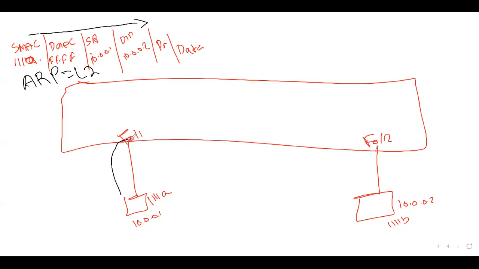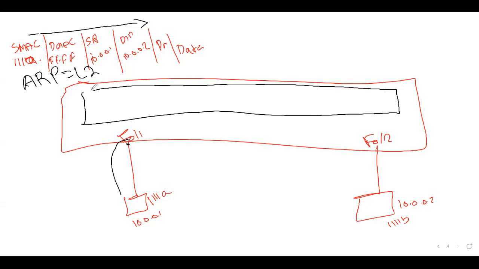The moment F0/1 received this data, the first job of the port, once the port has received any information, is to compare the source info with its MAC table. So here it is a MAC table.